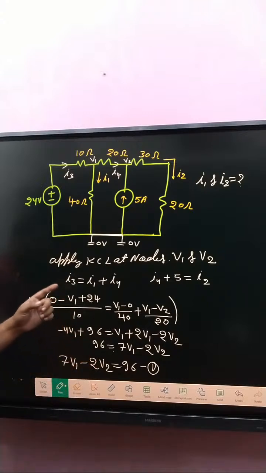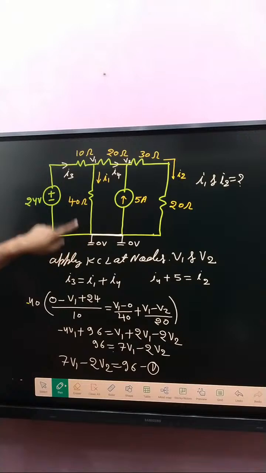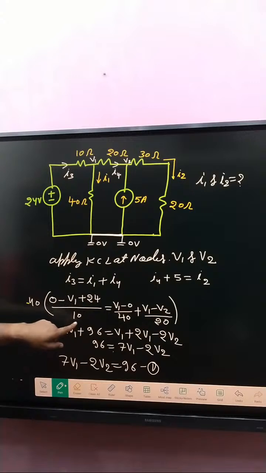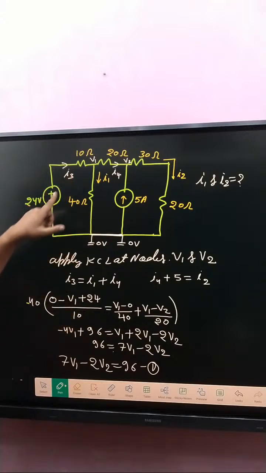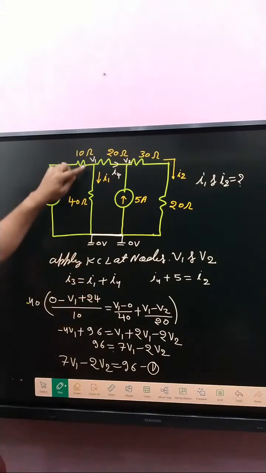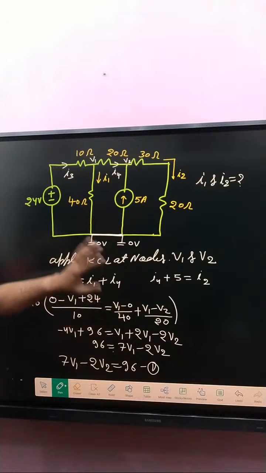Okay, so recheck here. I3 is how much? 0 minus V1, and current leaves from the positive terminal, so plus 24 divided by how much resistance in between in the branch, that is 10. So 0 minus V1 plus 24 divided by 10. After that I1 is V1 minus 0 divided by 40, right?